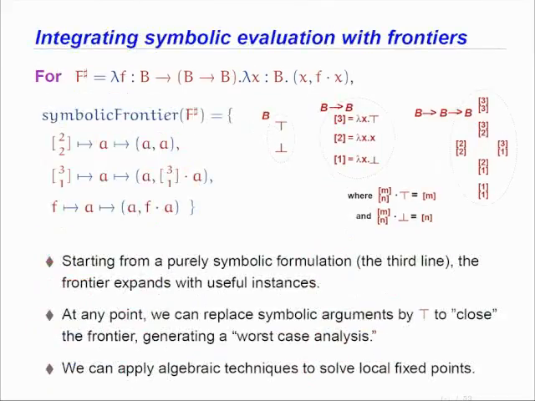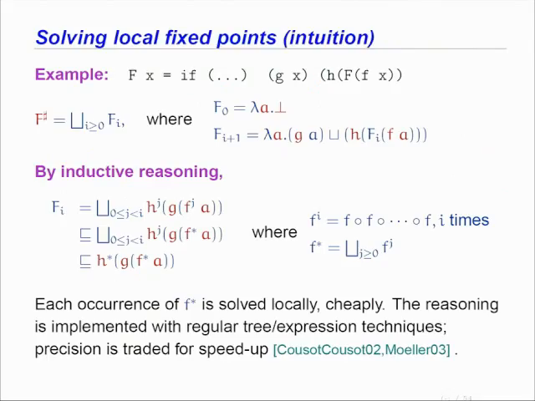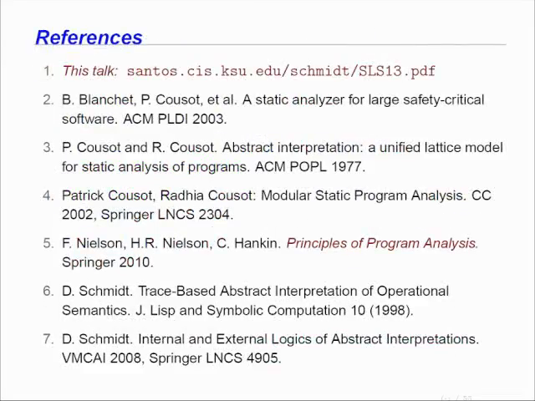And so finally, you can start with symbolic evaluations, and this is where the state of the art is, that you have a mixture of symbolic evaluation generating these instances or increments. So it has a feeling of partial evaluation where you build up the modular information. I don't have time to talk about solving local fixed points, but it has something to do with approximation, jumping to limits, and that's an idea that if you can master it, it's really cool.